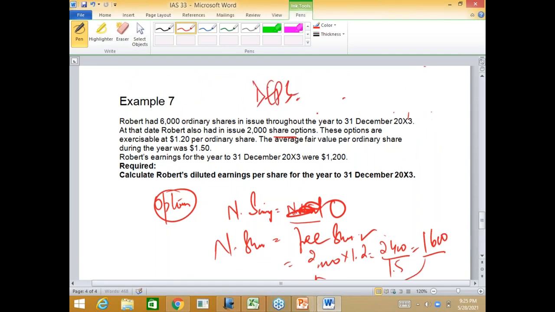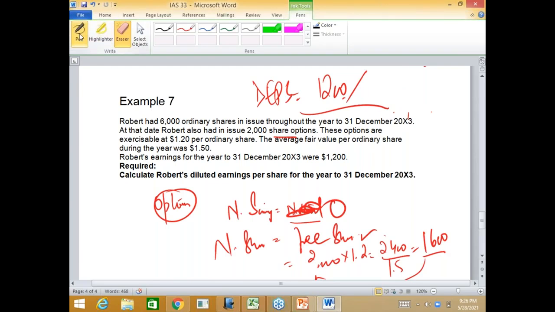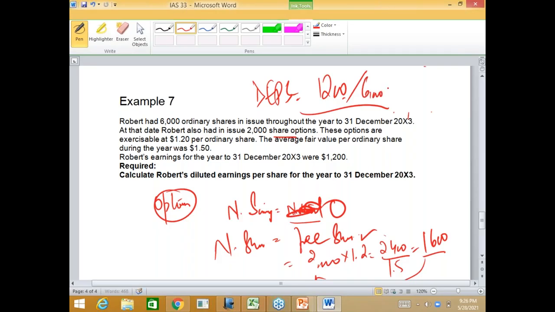So the diluted EPS will be calculated as 1,200 divided by the number of shares: 1,200 divided by 6,000 plus free shares of 400.